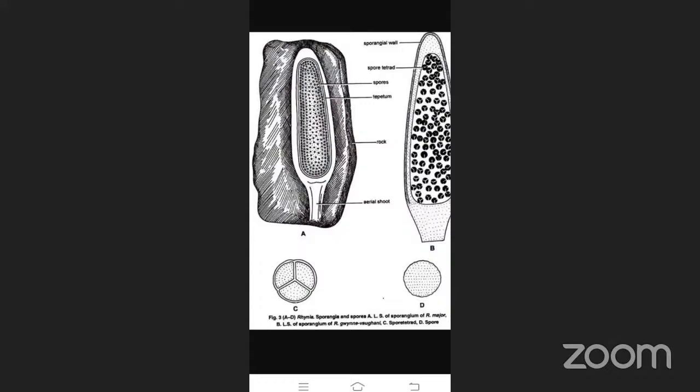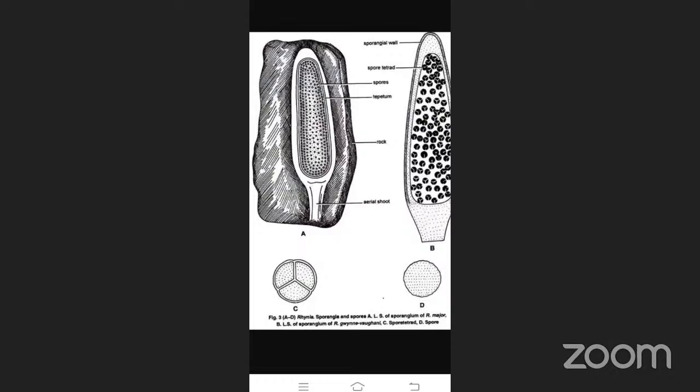And the sporangial wall is very thick and consists of three distinct layers. The outermost wall layer is a stout epidermis with a thick cuticle. The middle one is a very thin wall, and the innermost layer is of small rounded cells which probably function as a tapetum.